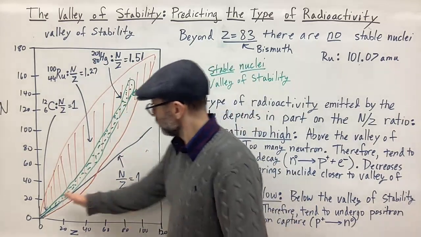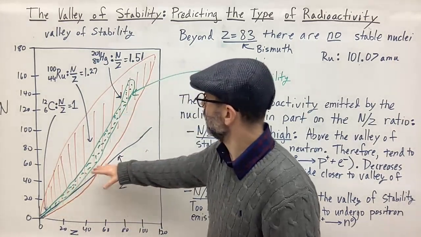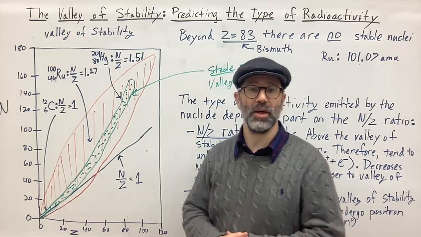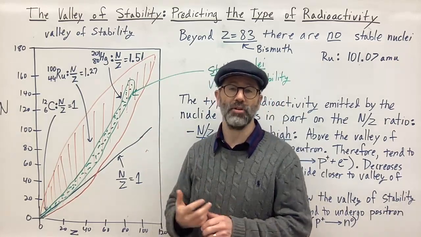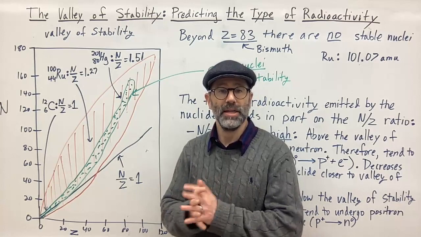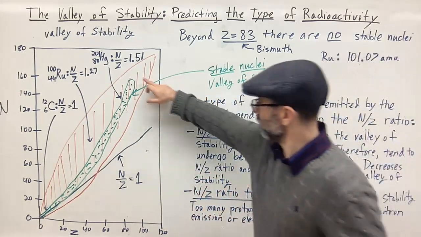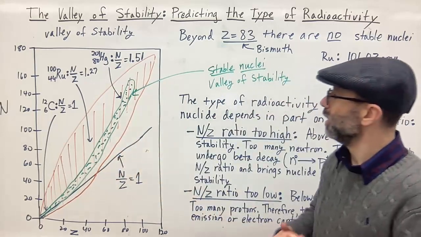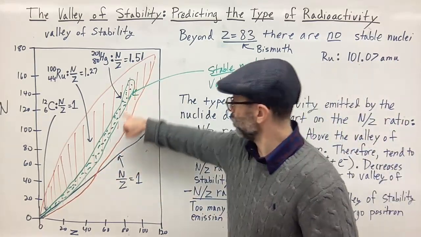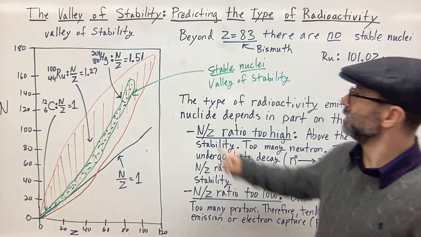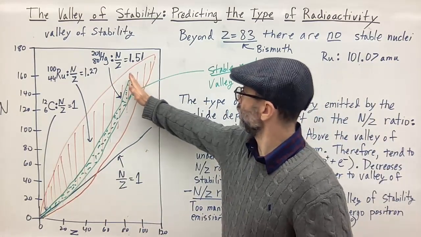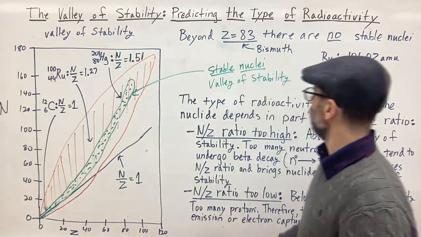And so being higher, being heavier, being larger means that you require more and more neutrons in order to reach stability. A few things I want to point out here. Again, this green band is where you get the stable isotopes. You'll notice that when you get to a certain point, you don't have stable isotopes anymore.